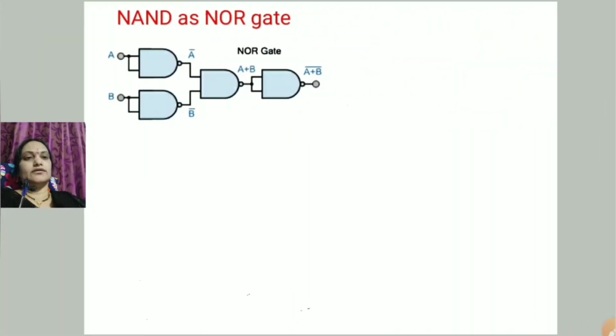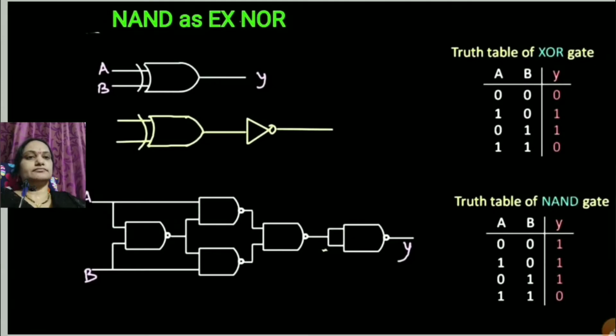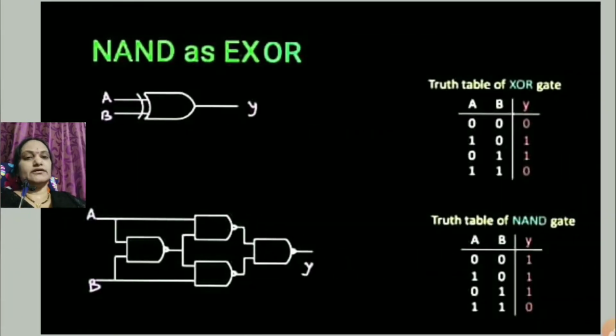Here 4 NAND gates are connected to each other like this to form a NOR gate. Here 6 NAND gates are there to create an XNOR gate. Here 4 NAND gates are connected to each other to act as XOR gate.